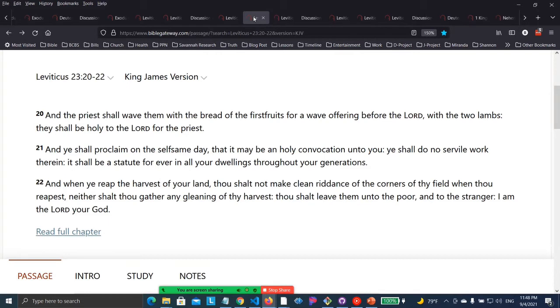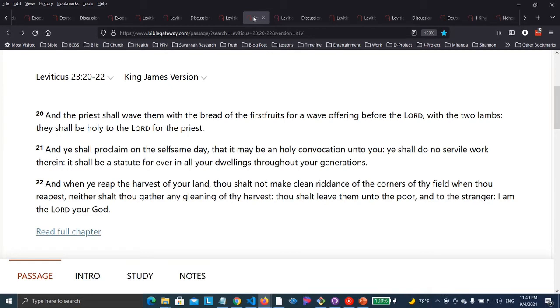This becomes a little bit more clear as we continue on, Leviticus 23:20-22. The priest shall wave them with the bread of first fruits as a wave offering for the Lord. The 2 lambs shall be holy to the Lord for the priest. He shall proclaim the same day a holy convocation to you. You shall do no servile work, and it shall be a statute forever in all your dwellings throughout your generations.